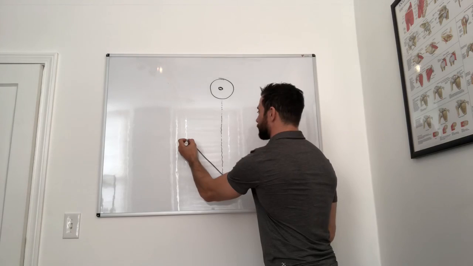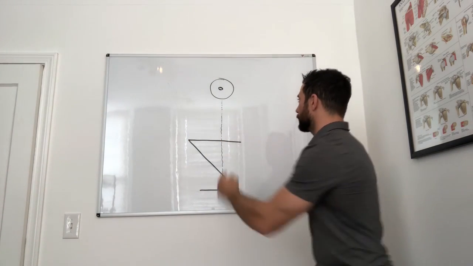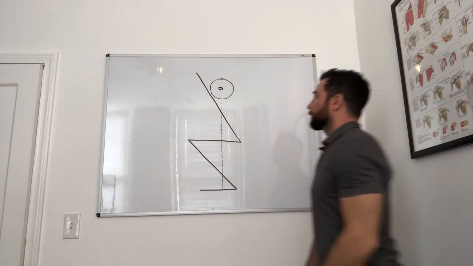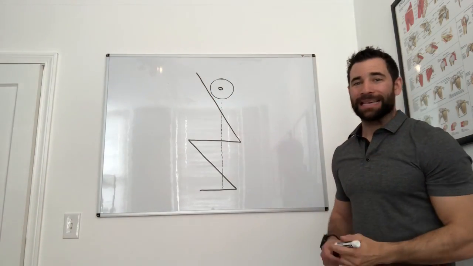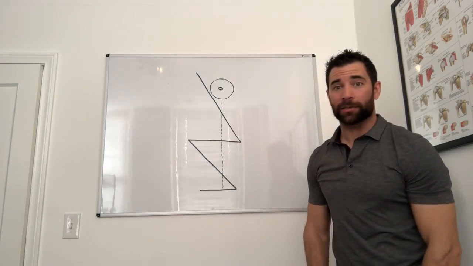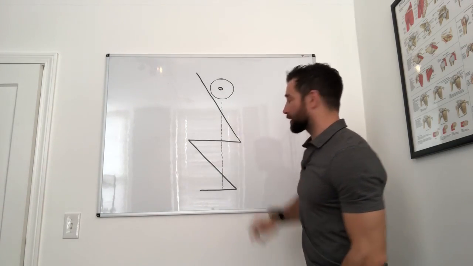And this is my femur length, and this is my back length, okay? That's going to give me whatever this desired angle is, right? Because of this length and this length.